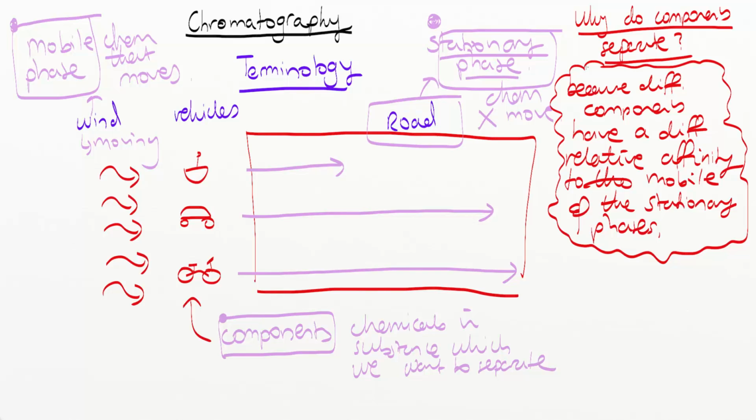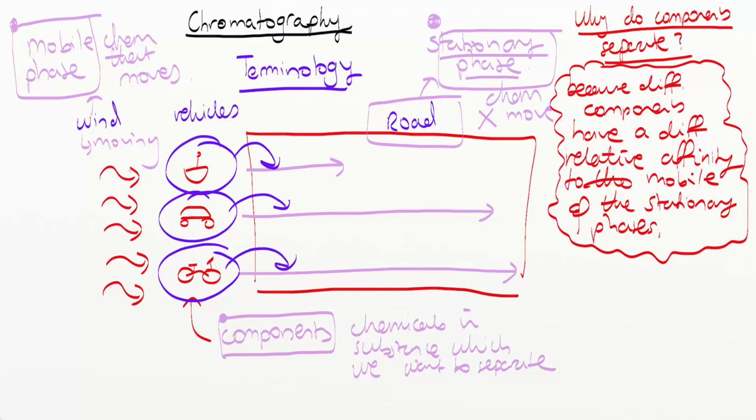To translate that into our racing example, different components, so different vehicles here, or different chemicals in reality, have a different relative affinity to the mobile and stationary phase. Basically, that means each chemical has a different attraction to the road and the wind.